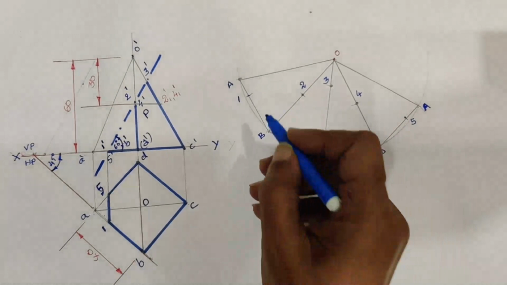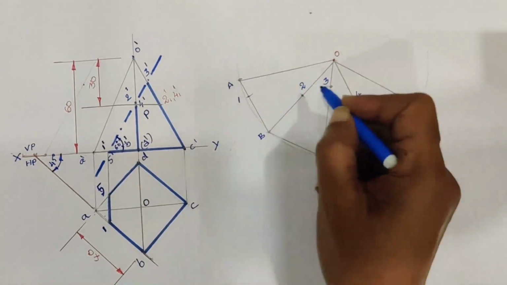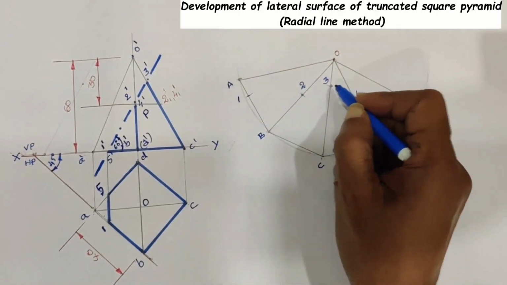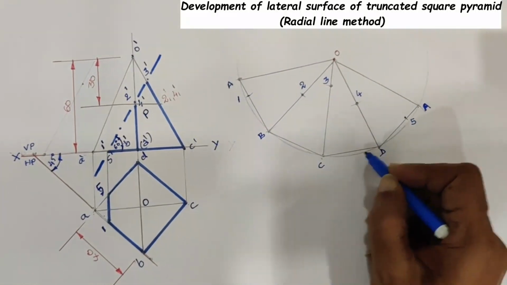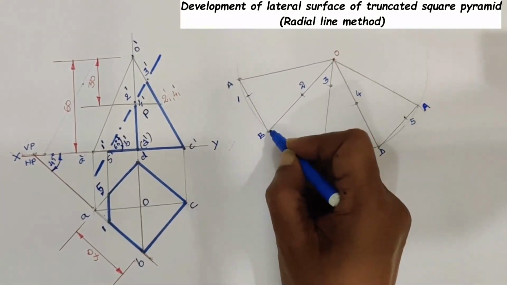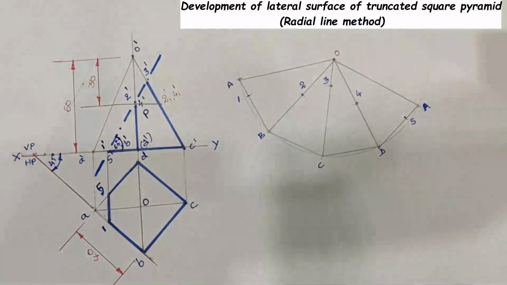Then join the points, say 1 to 2, 2 to 3, 3 to 4, 4 to 5, 5 to D, D to C, C to B, B to 1 with straight line segments, that is to say with H pencil. That means we need to draw thick lines.